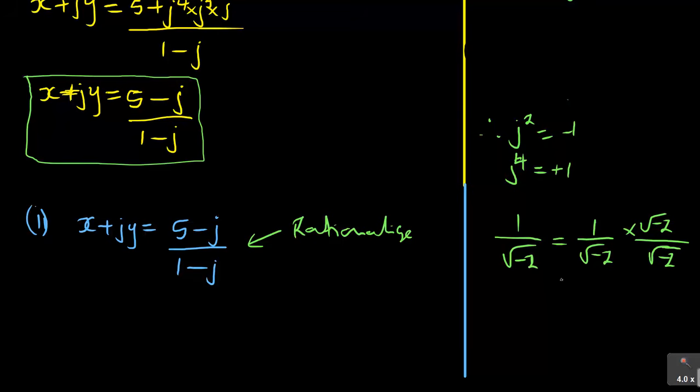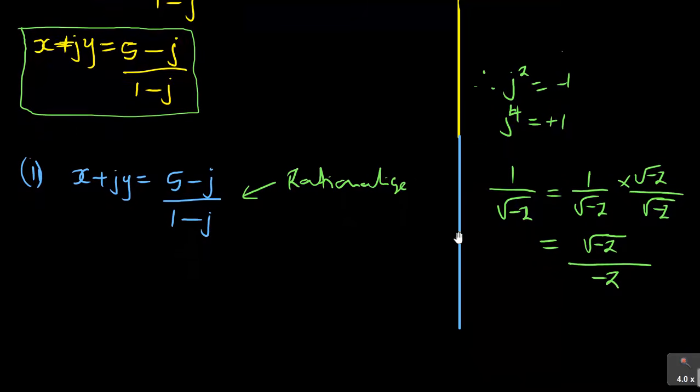Then you're going to have square root of negative 2 at the top, over square root of negative 2 times square root of negative 2 at the bottom, which is minus 2. So you see what we have done, we have managed to rationalize. But now with the complex numbers, this will be equal to, remember square root of negative 2 is j2, over minus 2. So you'll have minus j2 over 2 in that particular case.